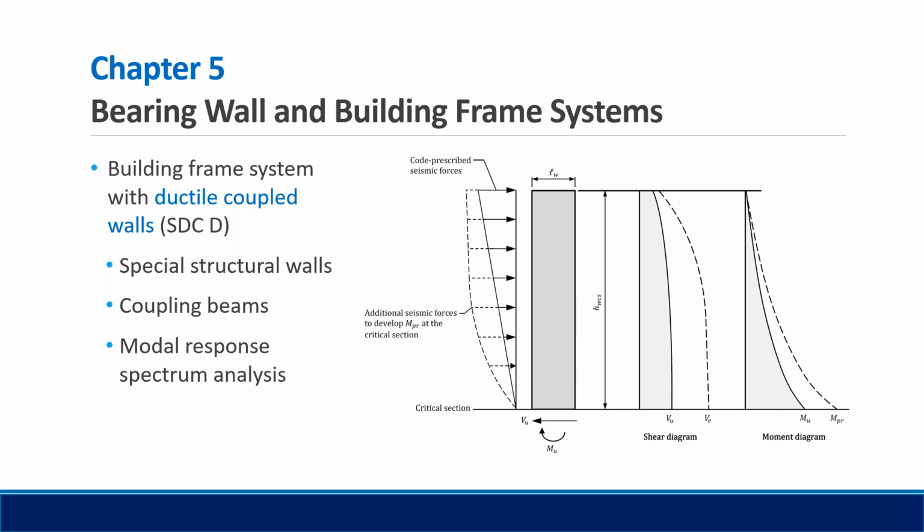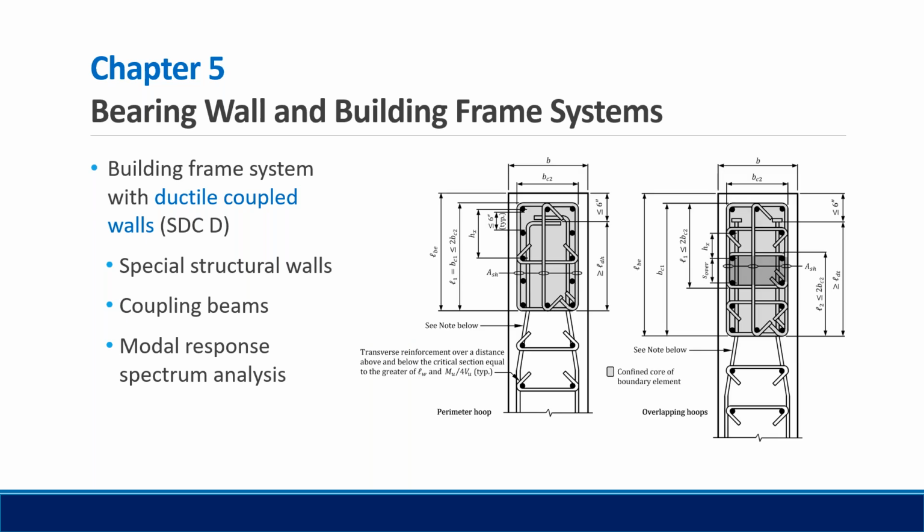Many significant revisions were incorporated into the 2019 edition of ACI 318 for special structural walls, including the determination of the design shear strength, which is illustrated here. Numerous detailing requirements were also revised for boundary elements in special structural walls.